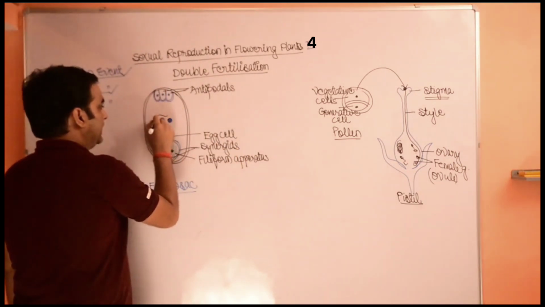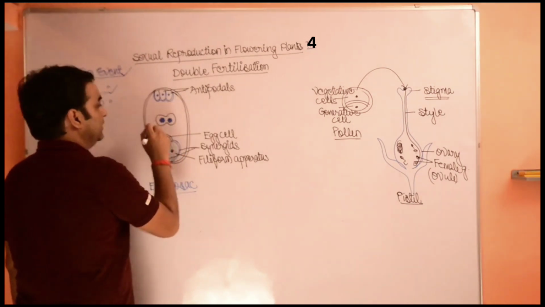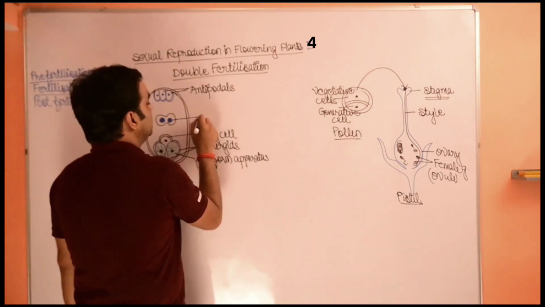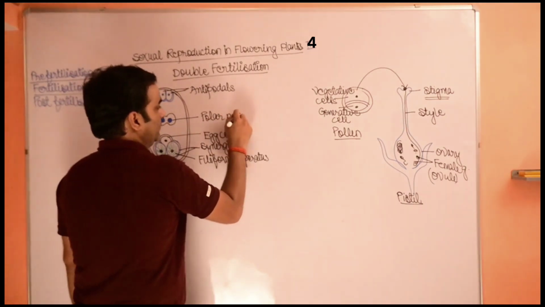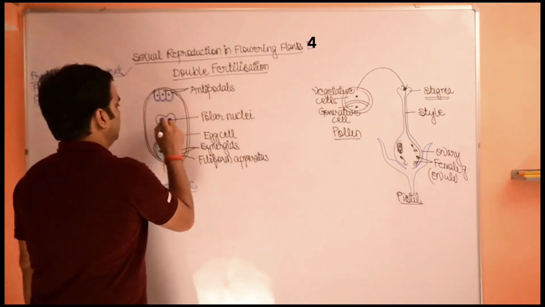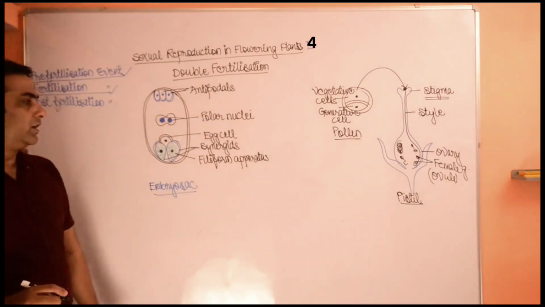And the two nuclei in the middle of the central cell are called polar nuclei.